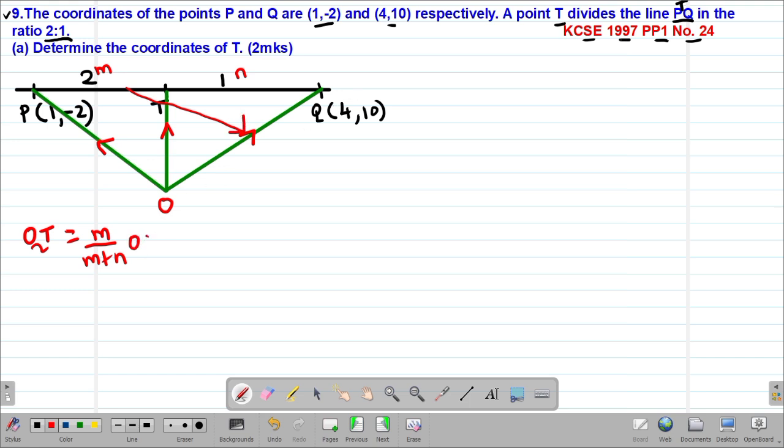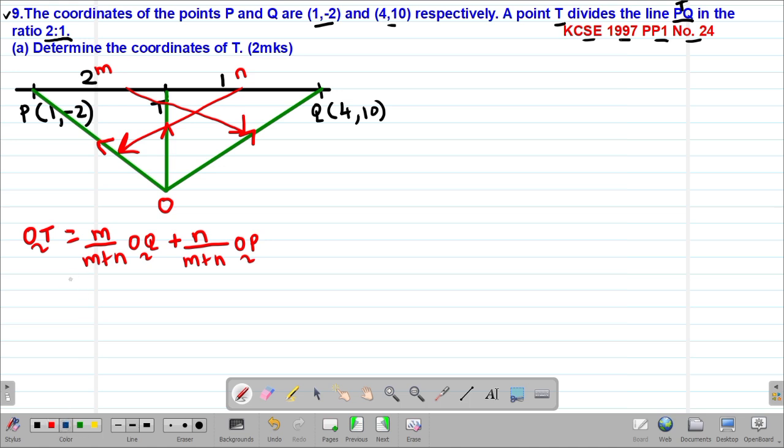Then we add the second ratio N, divided by the total ratio of the line, M plus N, multiplied by the opposite vector, which is vector OP. So this is what the ratio theorem dictates.